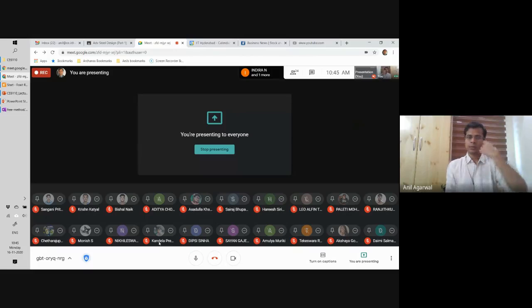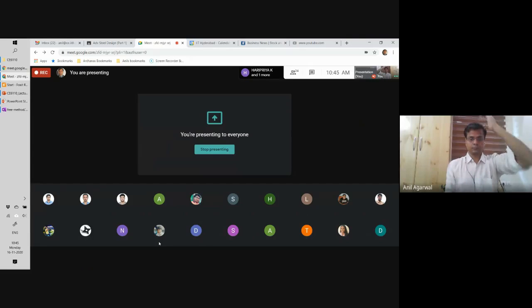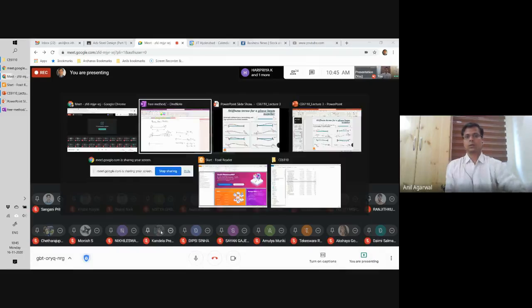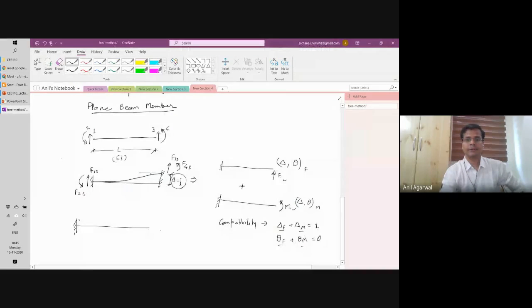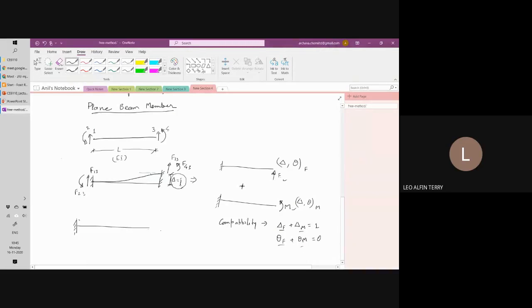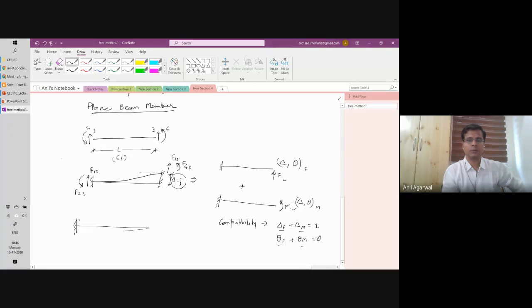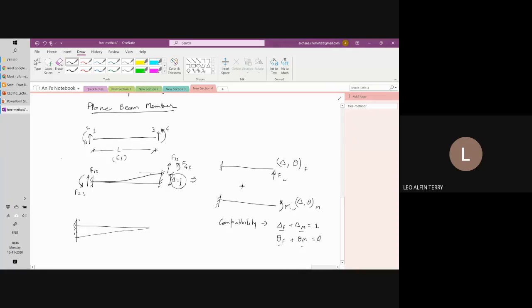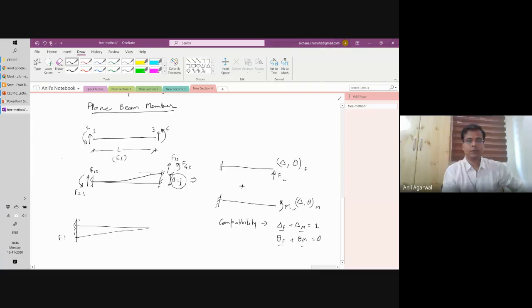How will the bending moment diagram be for the F force? Linearly varying, right? So the maximum moment will be F into L. And I'm calling it positive because the bottom side is in tension.